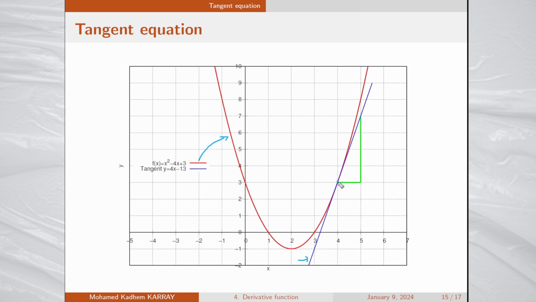Observe moreover that when we move to the right in the abscissa by 1, then we have to increase by 4 to get a new point on the line, and this is the slope of the tangent at this point. The tangent equation is here, so the slope equals 4.